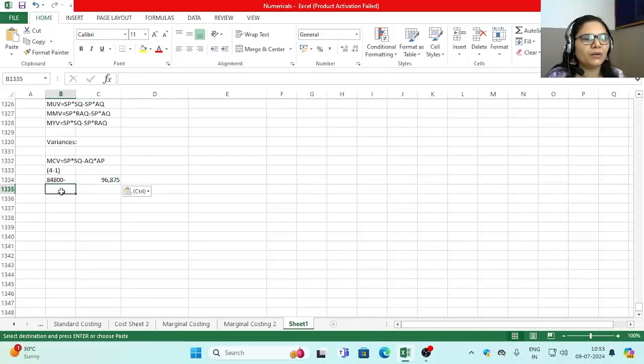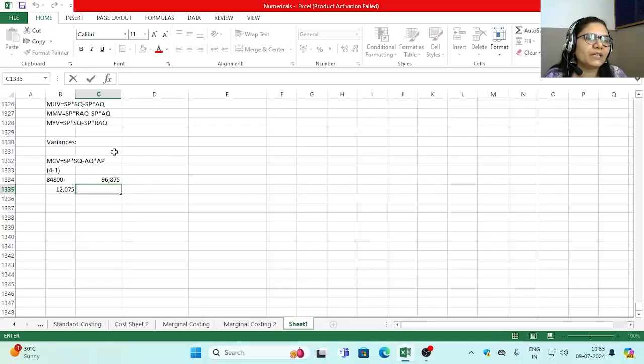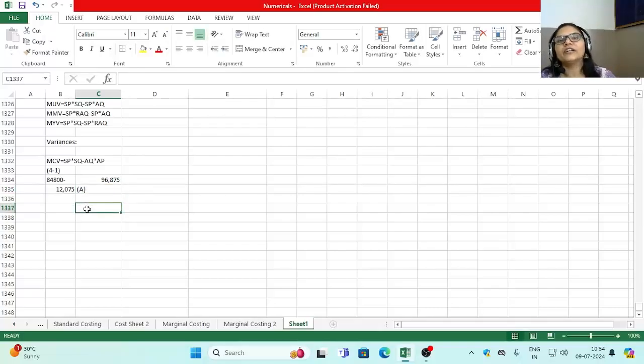So it will come out to be 12,075. And we know when the variance is negative, we always take it as an unfavorable variance and usually write A in front of it, which shows that it is an unfavorable or adverse variance.